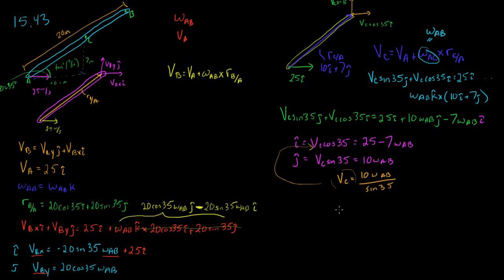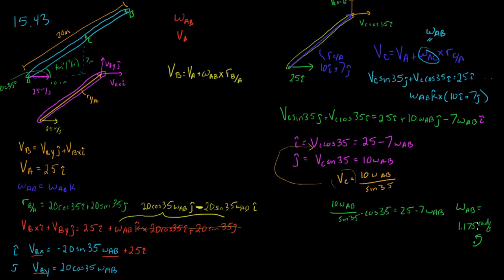When we do that, we get 10 omega AB over the sine of 35 times the cosine of 35 is equal to 25 minus 7 omega AB. If we solve for omega AB, we get omega AB, the angular velocity, is equal to 1.175 radians per second, and it's positive, so we know it's in this direction.